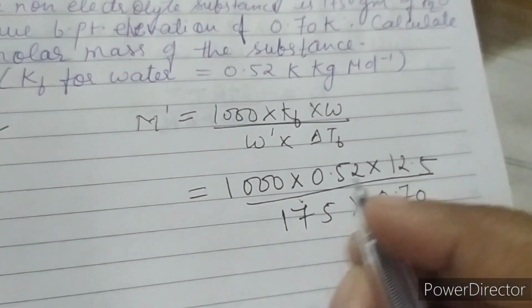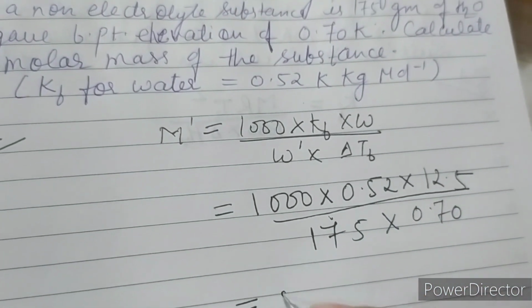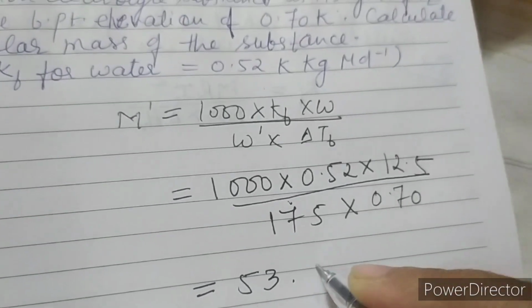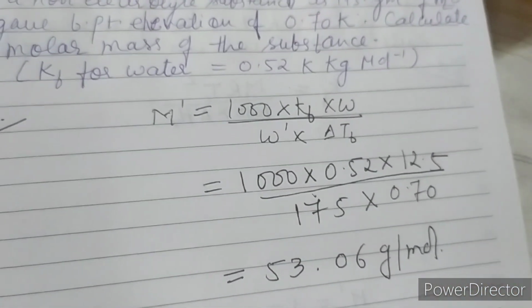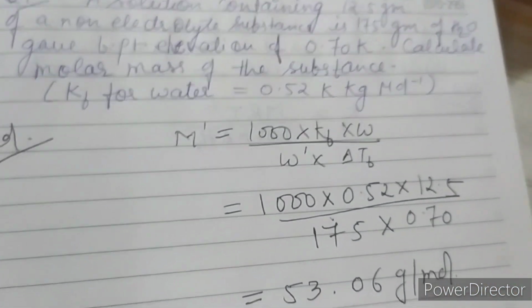If you solve, we will get 53.06 gram per mole. So this is the molar mass of the substance in the following question.